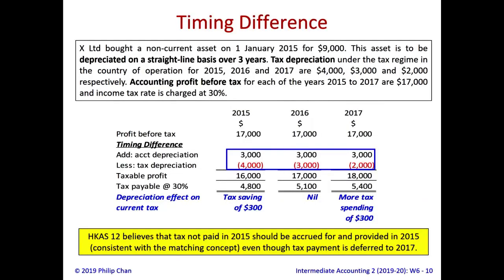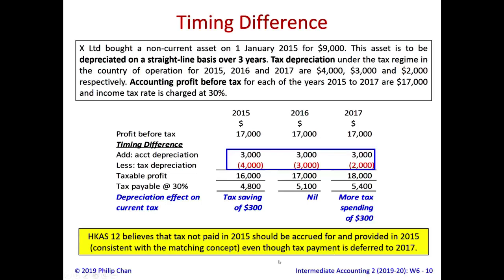So Hong Kong AS12, the income tax standard, believes that the tax not paid in 2015, which means that tax saving, should be accrued for first and then provided in 2015, which would be consistent with the matching concept, even though the tax payment would be deferred to 2017.